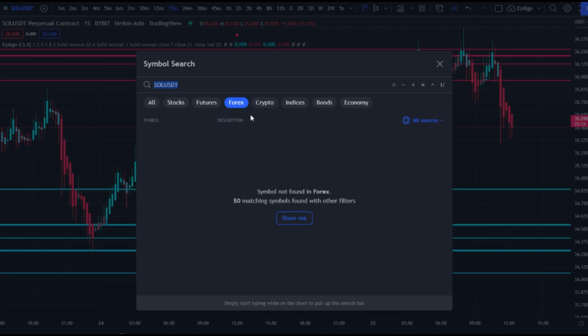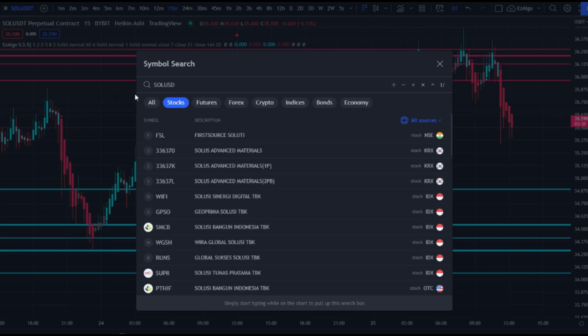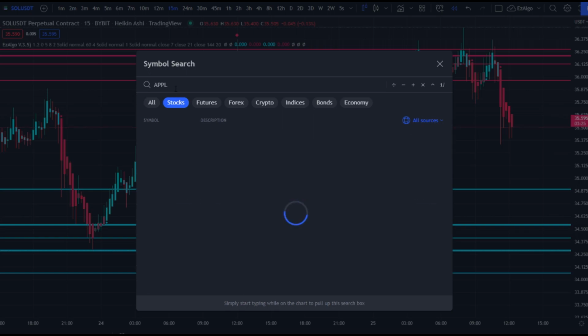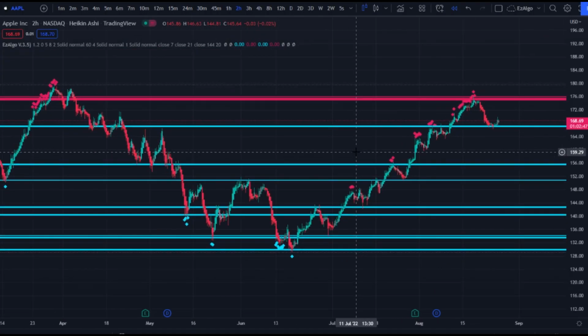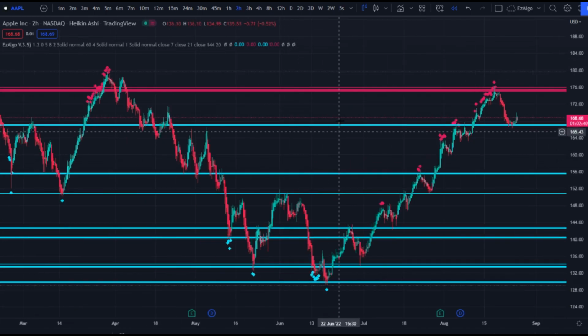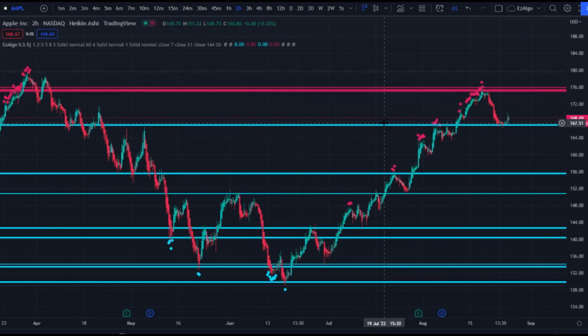Look at right there. And this works extremely well on Forex and stocks, right? I know I get a ton of questions on whether EzAlgo works on stocks, and the answer is yes. Look how well price respects these horizontal levels on stocks especially. I mean, you can see on the 2-hour time frame, Apple comes right up here to this resistance zone.